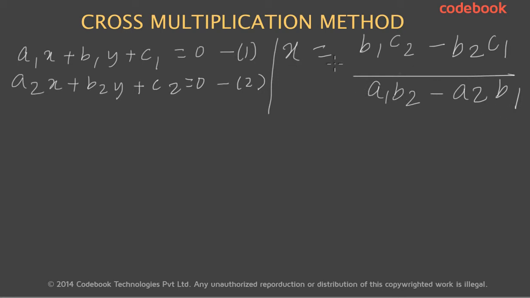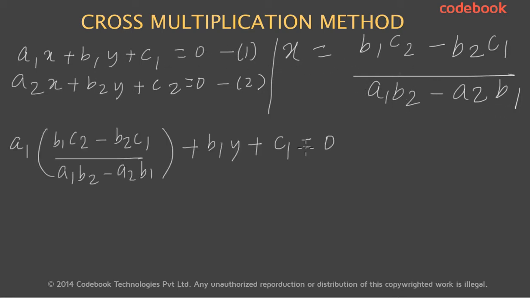Now let's substitute x in equation 1. So we will have a1 times b1 c2 minus b2 c1 by a1 b2 minus a2 b1 plus b1 y plus c1 equal to 0. So now if you observe, all of these are constants except for y. So now we should be able to calculate the value of y.